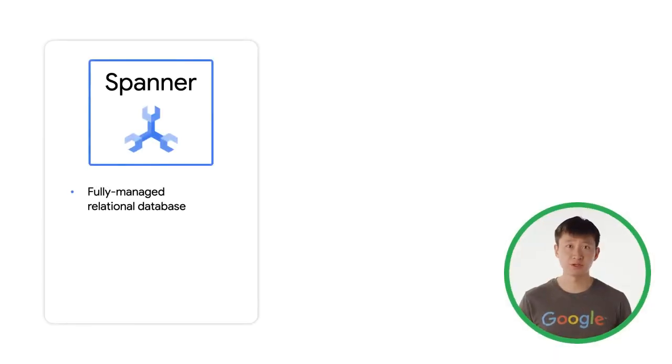While we covered a few key storage and database options, there are many more that you may want to explore. Cloud Spanner is a fully managed relational database with unlimited scale, strong consistency, and up to 99.999% availability. It's been used in industries like gaming, fintech, healthcare, retail, tech, and media.